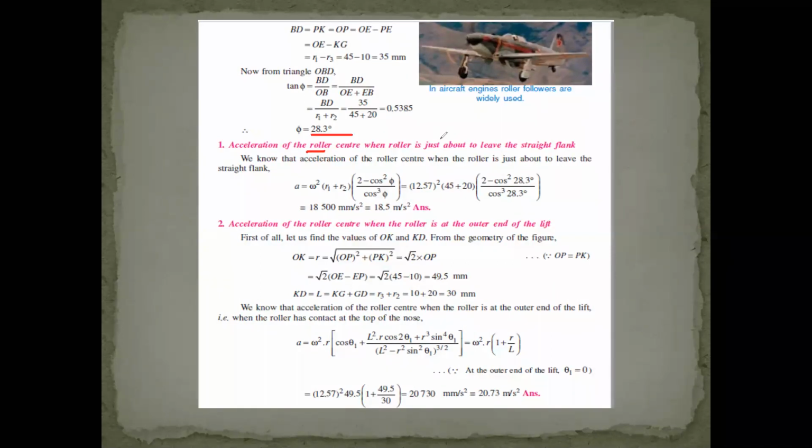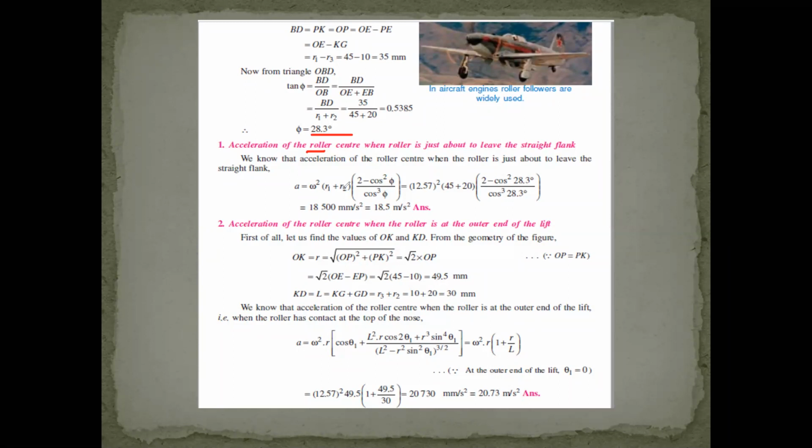So what is the first case? From the first case, we have to identify the maximum acceleration, which is just as it is leaving the contact of the straight line. So where do we get the maximum acceleration?